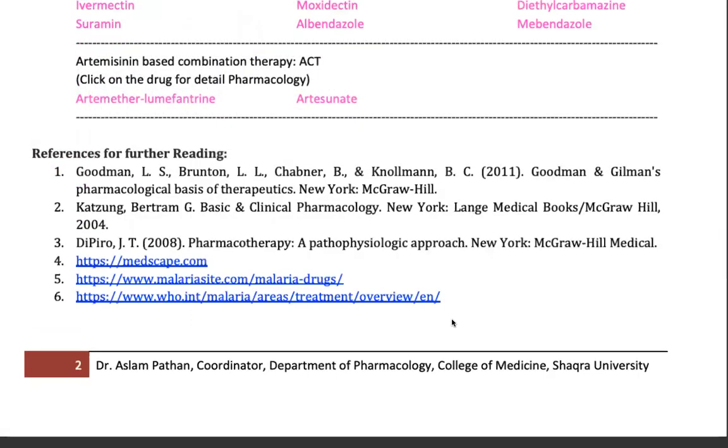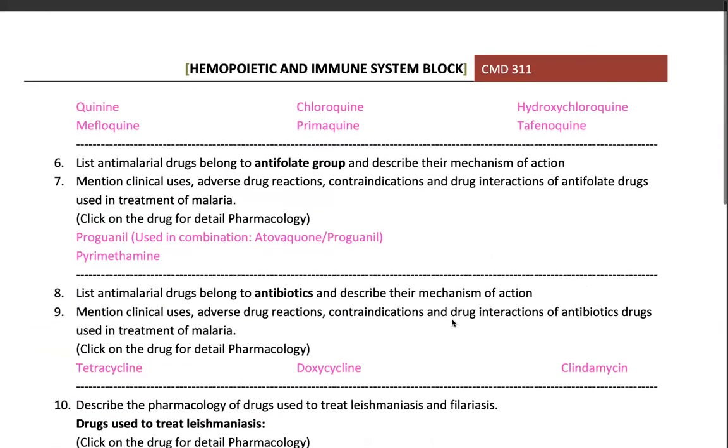Now we will see which drugs are in the quinoline category. These are the six preferred drugs: the first one is quinine, chloroquine, hydroxychloroquine, mefloquine, primaquine, and tafenoquine. These are the drugs from the quinoline category.